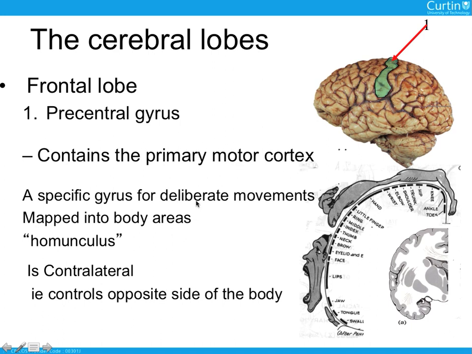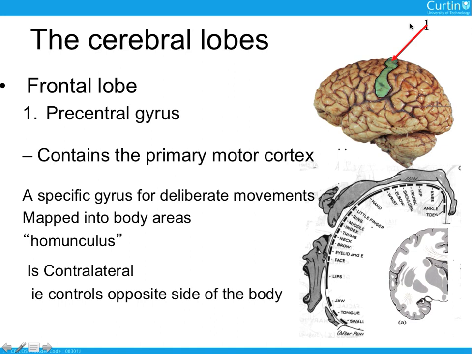This controls deliberate conscious movements. An action potential will be generated here, and this will go all the way down through the white matter, through the brainstem, into the spinal cord to synapse on one of the motor neurons in the anterior or ventral grey horn. You'll remember that from week 2.